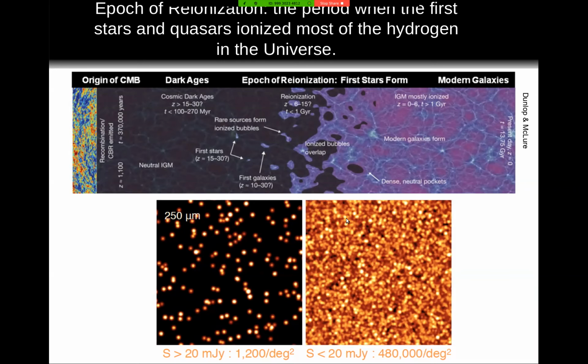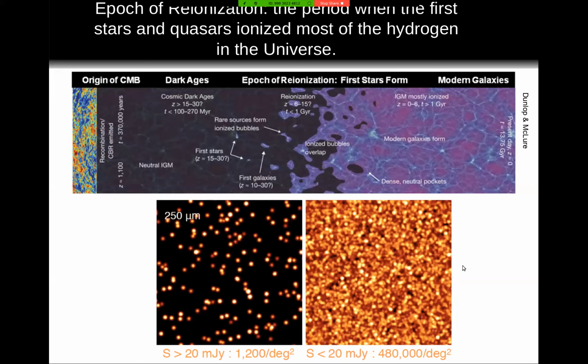So on the far left is a 250 micron map. So this is below optical, but visible in the wavelength range that behaves like photons, and you get the very brightest sources, and that's basically what an optical telescope gives us.